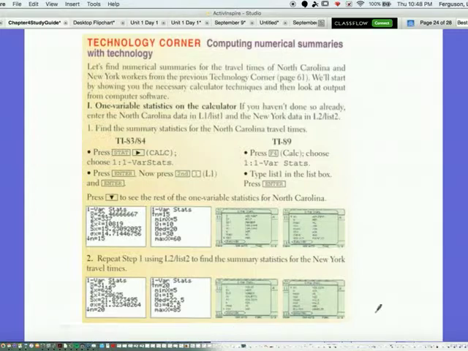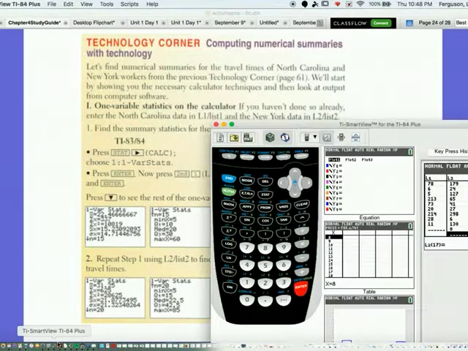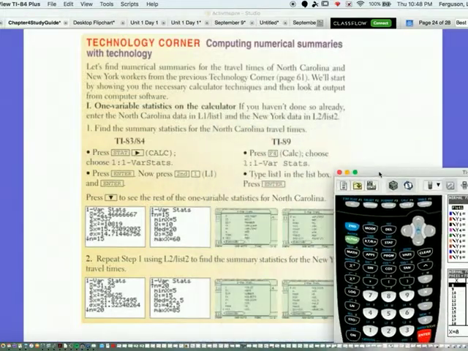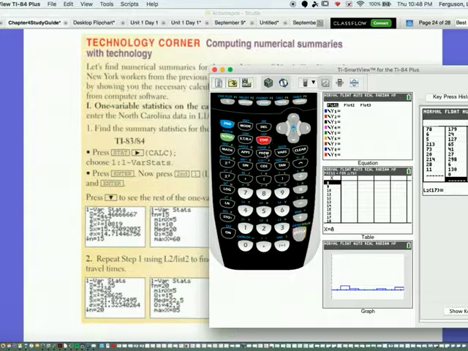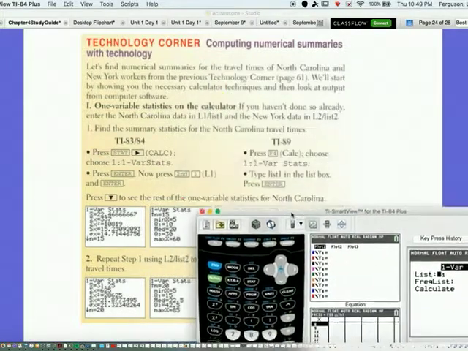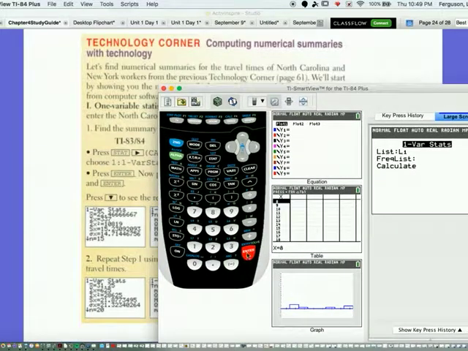Going back to your calculator steps, once you get everything plugged in for L1 and L2, you're going to go to Stat, you're going to go to Calc. One variable statistics will give you everything that you need for this. L1 is the list that you're going to do.